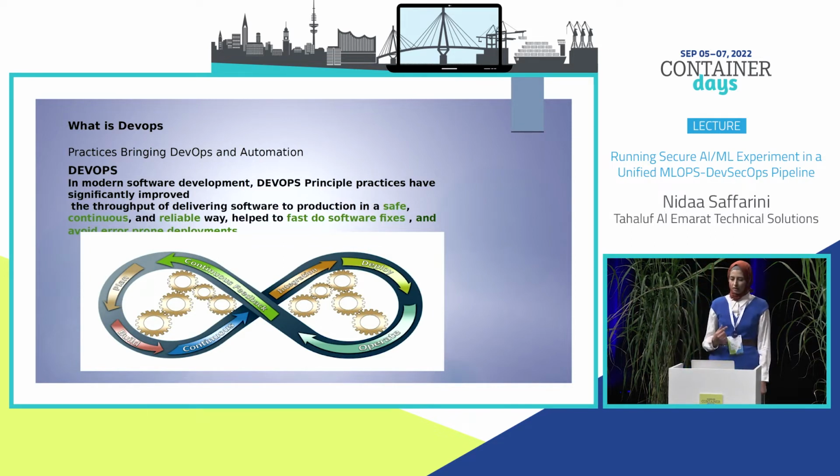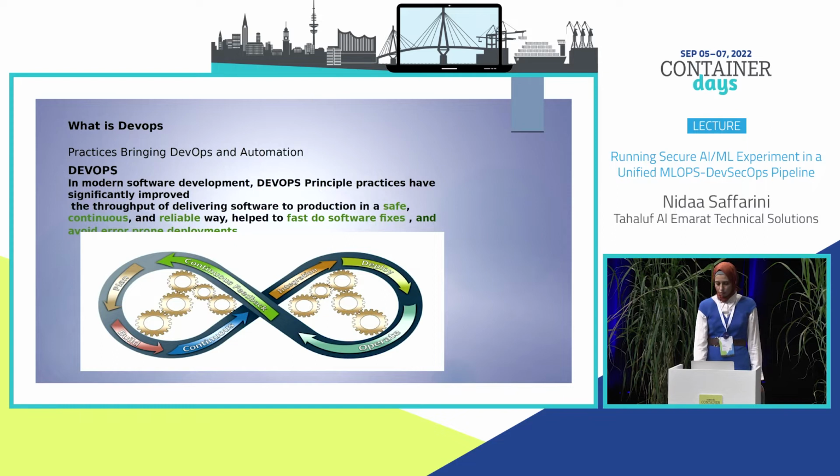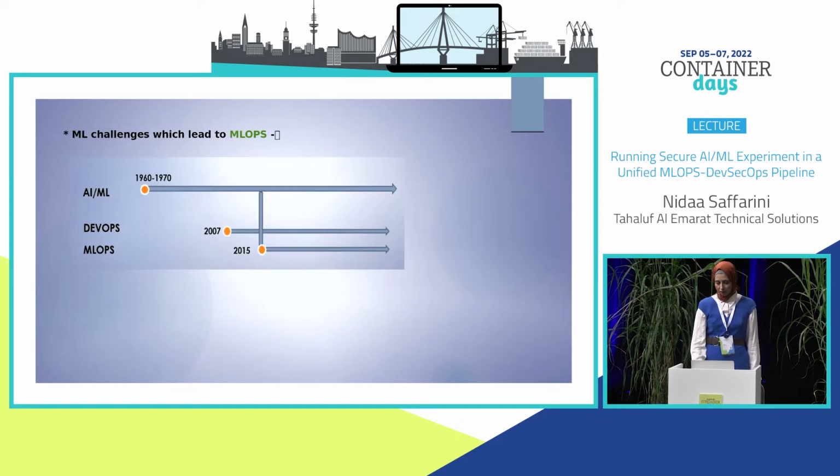DevOps has benefits like speed to market and fast bug fixes, and has principles that make software development reliable and scalable, and minimize cost. In this diagram, we can notice that AI started in 1960 and DevOps started in 2007.